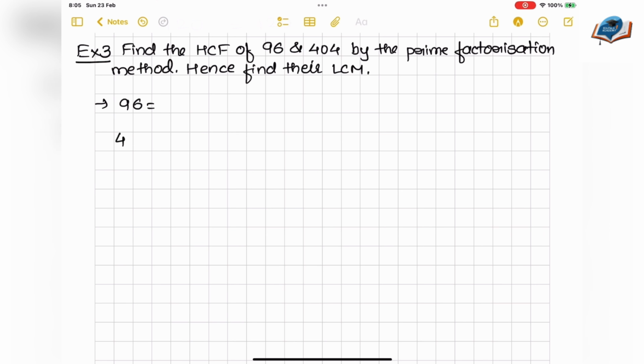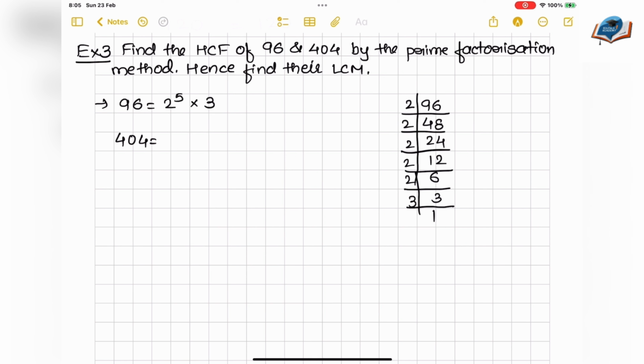For 96, 2 fours are 8, so 2, 24, 2, 12, 2, 6, and 2, 3, 3, 1. So it came 2 raised to 5 into 3.